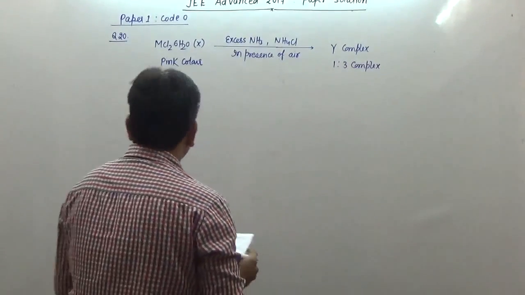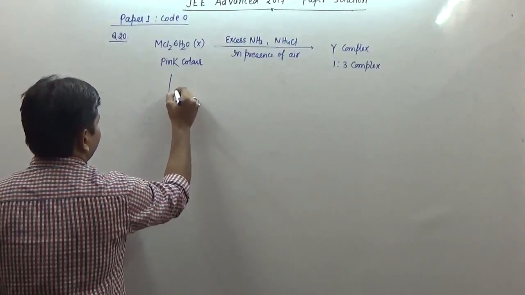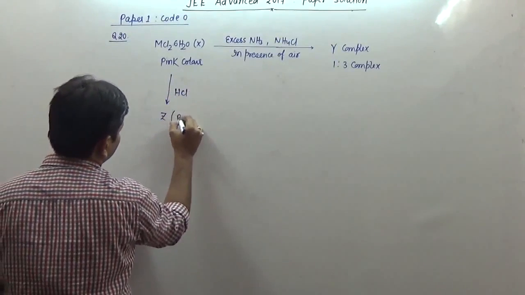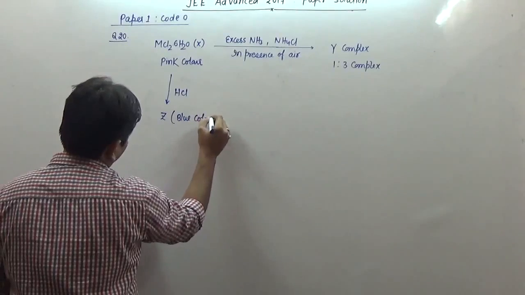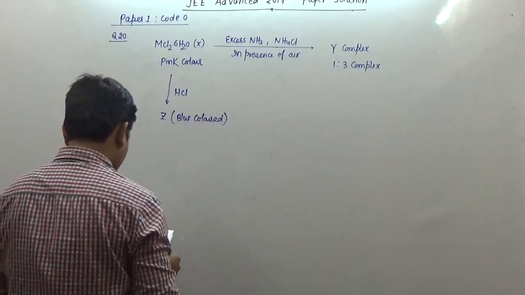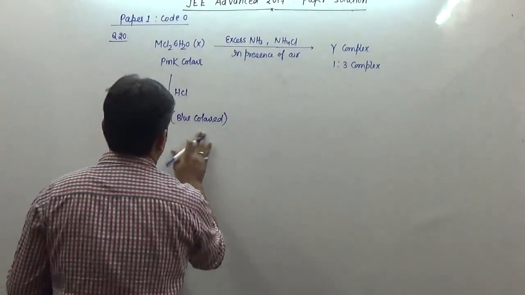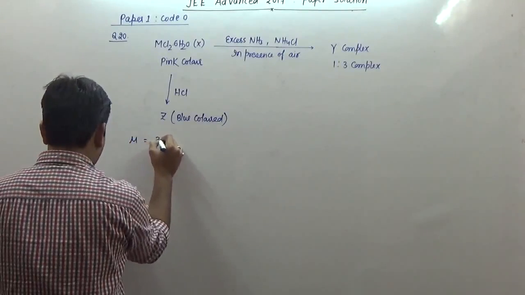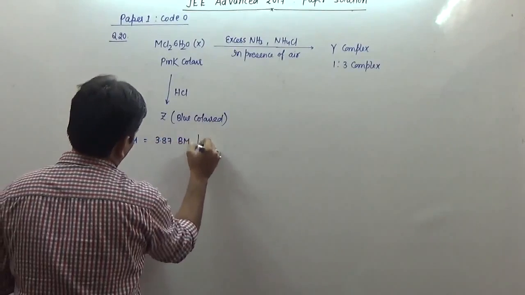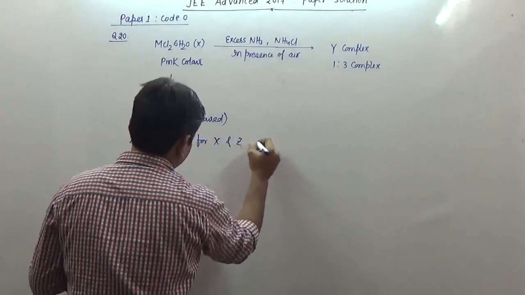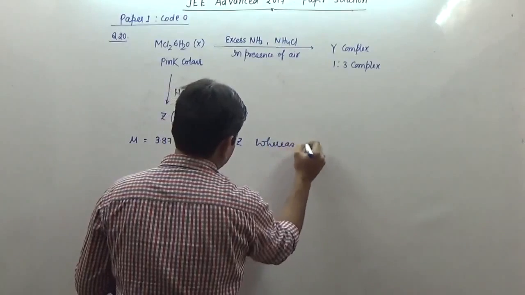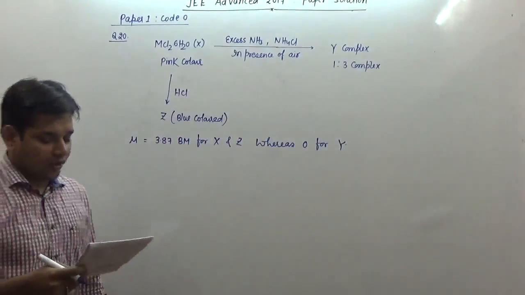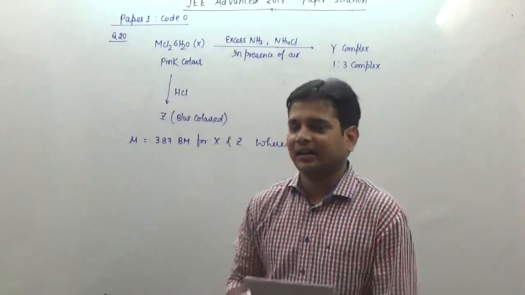The reaction of X with HCl at room temperature gives blue colored complex Z, and the spin magnetic moment mu is 3.87 Bohr magneton for X and Z, whereas it is 0 for complex Y. Among the following options, which statements are correct?